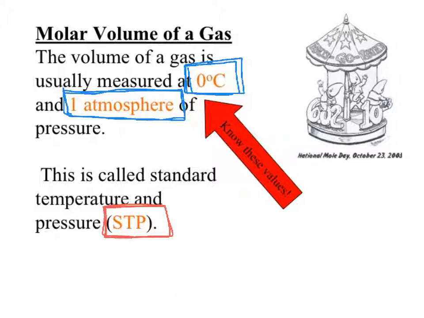So to have this value of 22.4, which is how many liters of space a gas takes up, it has to be at these conditions, or else the value would change. It would no longer be 22.4, it would be something else.